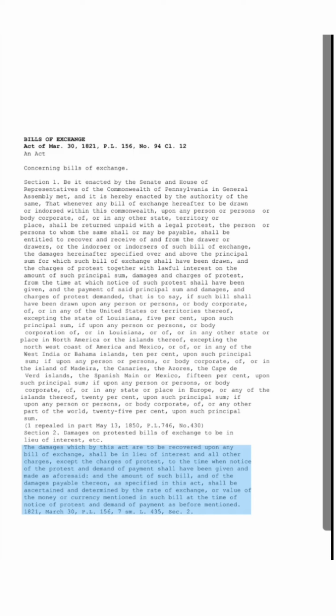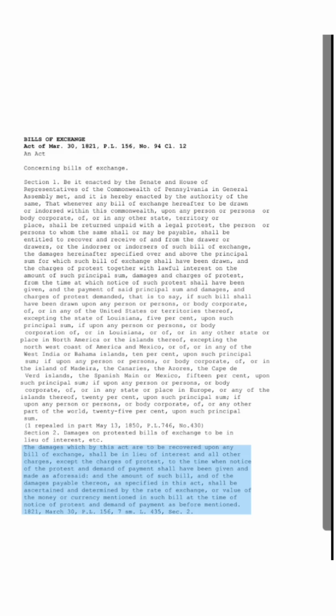The damages which by this act are to be recovered upon any bill of exchange shall be in lieu of interest and all other charges, except the charges of protest, to the time when notice of the protest and demand of payment shall have been given and made as aforesaid, and the amount of such bill, and of the damages payable thereon, as specified in this act, shall be ascertained and determined by the rate of exchange, or value of the money or currency mentioned in such bill at the time of notice of protest and demand of payment as before mentioned. 1821, March 30, P.L. 156, 7 Sm.